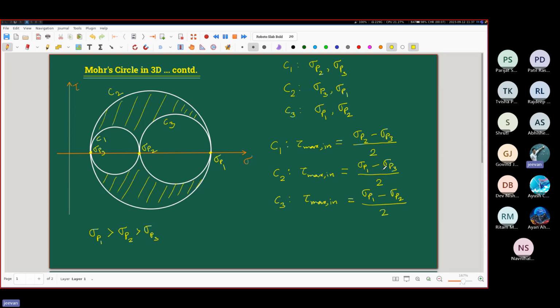Now, if we compare all these three circles together, considering the overall picture, what is the maximum possible shear stress? Overall maximum is what we call the absolute maximum shear stress.